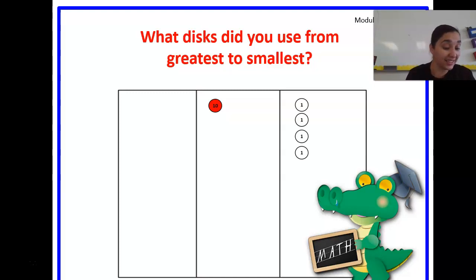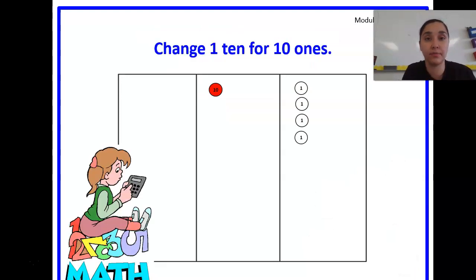So what discs did you use from greatest to least? Get ready. Yes, 1 ten and 4 ones. I want you to change 1 ten for 10 ones. Look what I'm going to do. I change this ten and I'm going to put 10 ones.